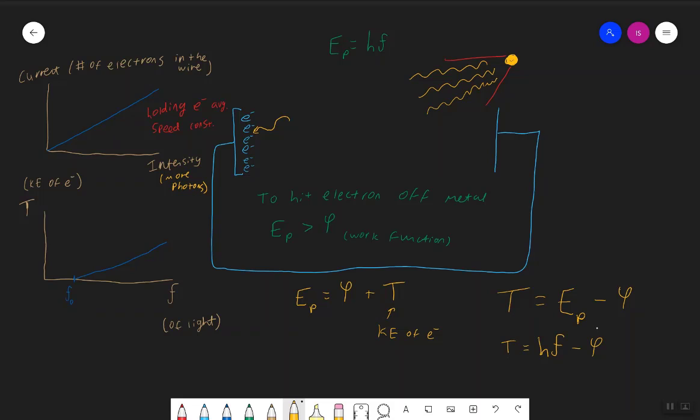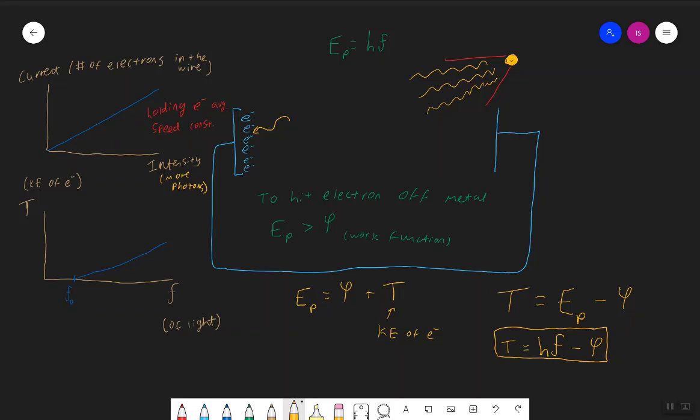Okay, so this is our equation for the picture where we're looking at an electron coming in. Hopefully this makes sense, how we got this equation from assuming that we have individual photons that have to knock off the electron, one photon, one electron.